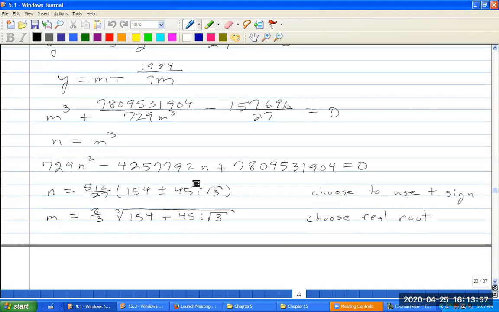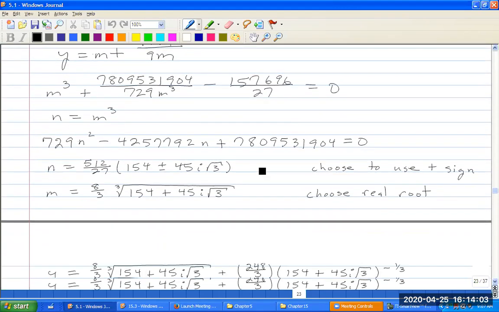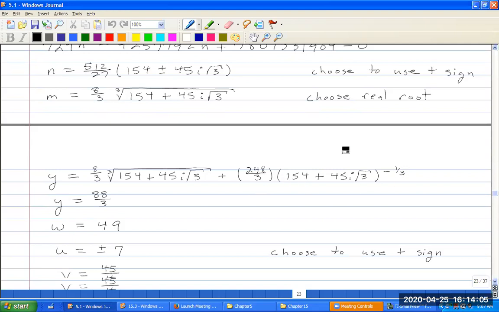So you get m plus, what was it, 1,984 over 9m. You can do a little bit of cancellation here. Simplify this with a lot of work. You get that this is 88 over 3. So even though it's got cube roots and square roots and i's in it, by a lot of manipulation, you get that it's 88 over 3.